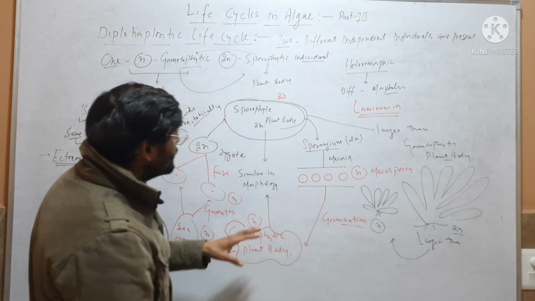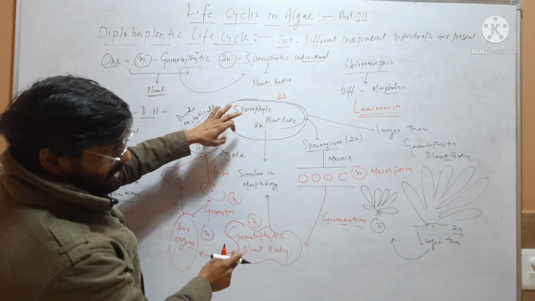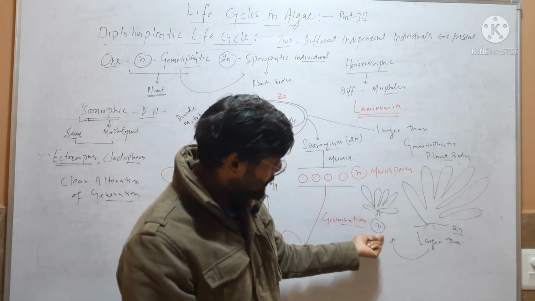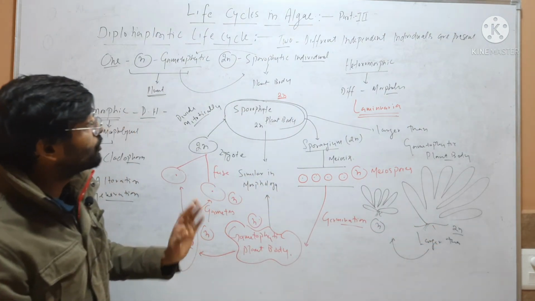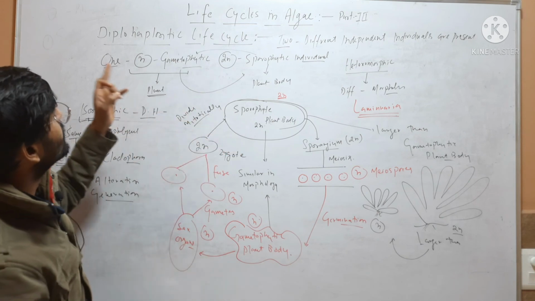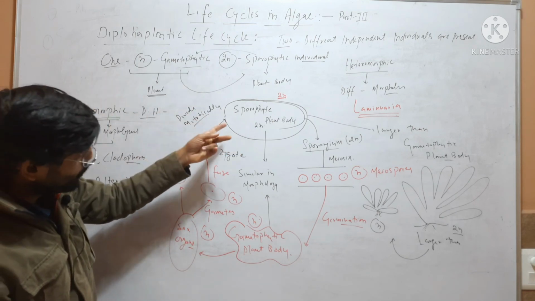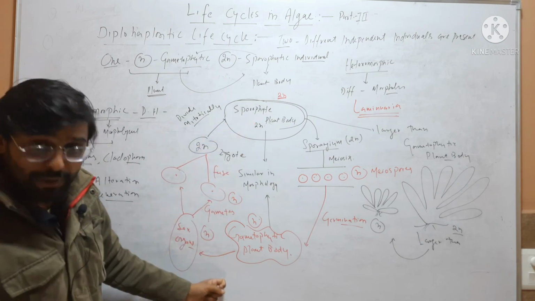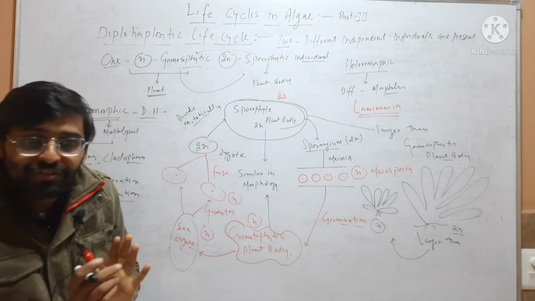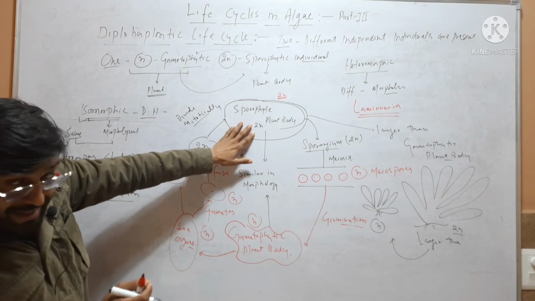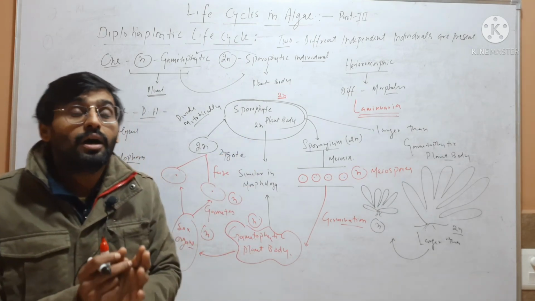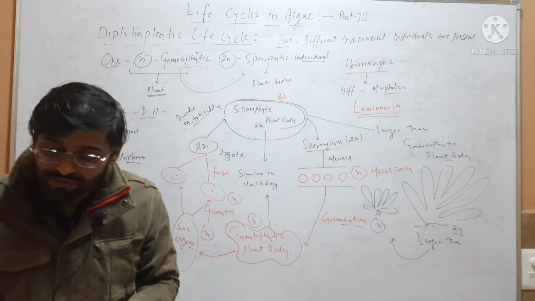So when these bodies differ in morphology, for example, this is the sporophytic plant body and this is the gametophytic plant body, then you will call it a heteromorphic diplohaplontic life cycle. So here both bodies are there, sporophyte and gametophyte, and both are independent, but the difference is this plant body is larger than this plant body. So this is called heteromorphic diplohaplontic life cycle.